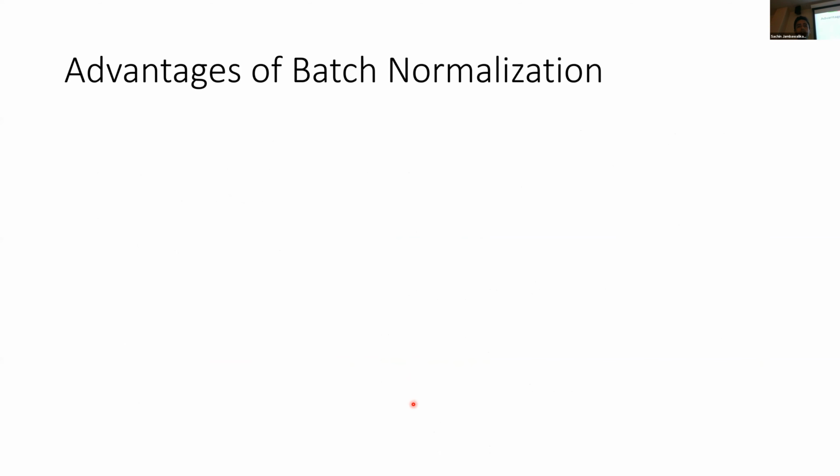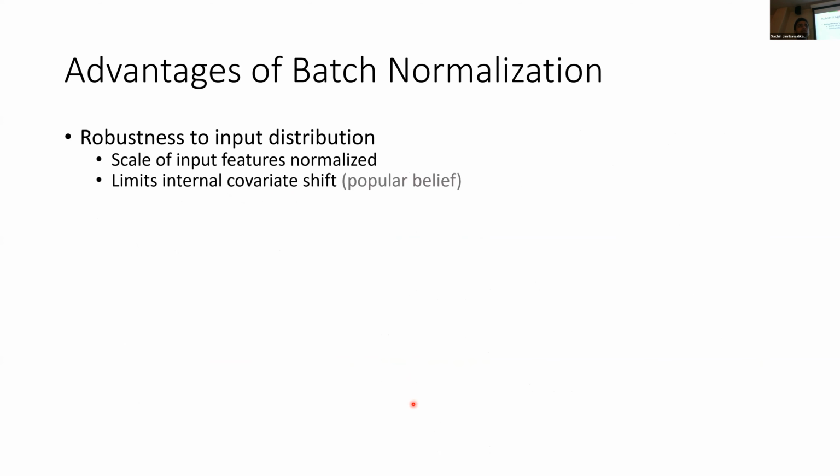And the advantages of using batch norm, studied through various papers, is that it scales the distribution of the input features, so they are all normalized, and it also limits the internal covariate shift, which is one of the key motivations behind the original paper.